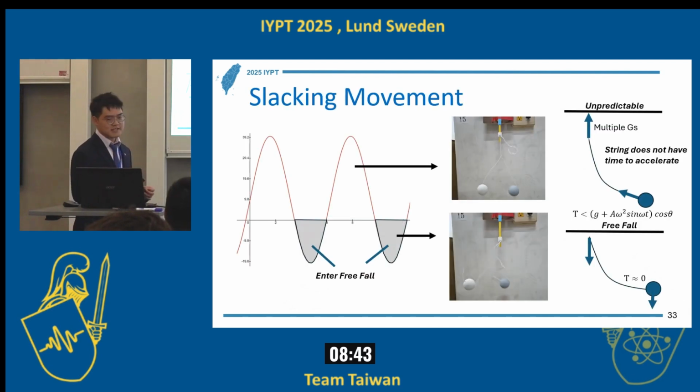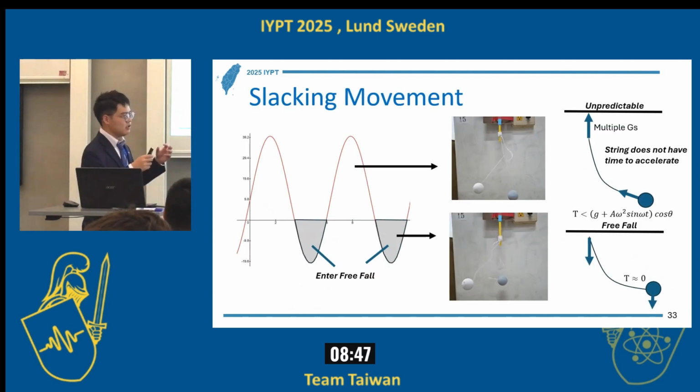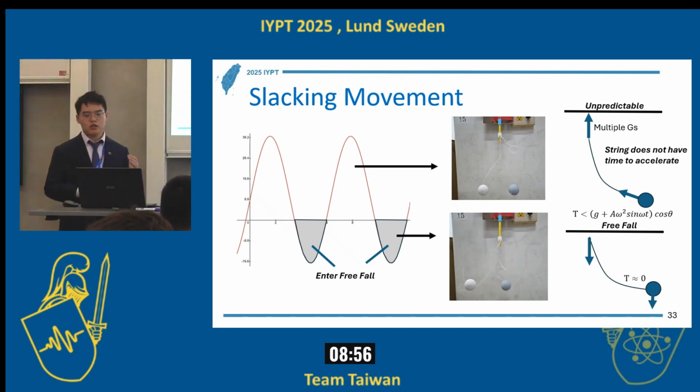We can analyze the stacking movement on why it makes the increasing amplitude not possible. At a very high acceleration, the string will accelerate with multiple g's. Here, the string does not have enough time to accelerate.